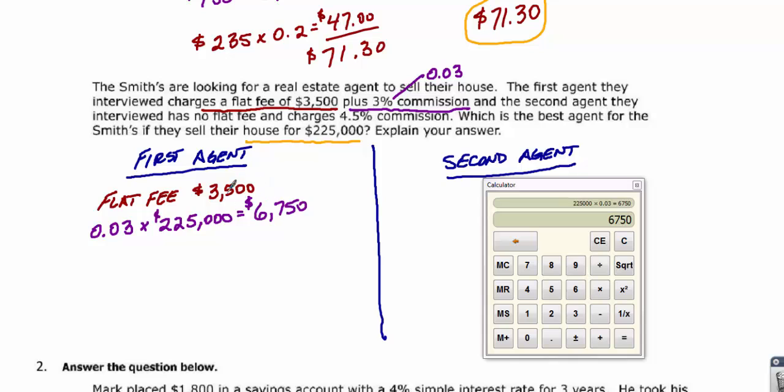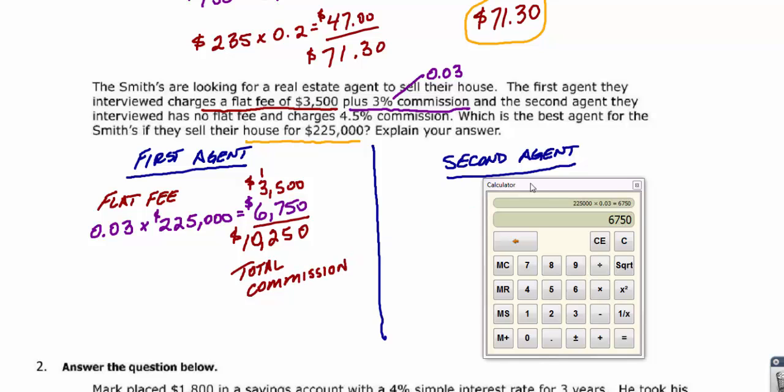If we add that to the $3,500, and I'm going to rewrite my 3,500 out here now that I see that, 3,500. If we add those together, we get a total, 5 and 7 is 12, carry a 1, 9, 10. We get a total of $10,250. That is the total commission charged by the first agent.